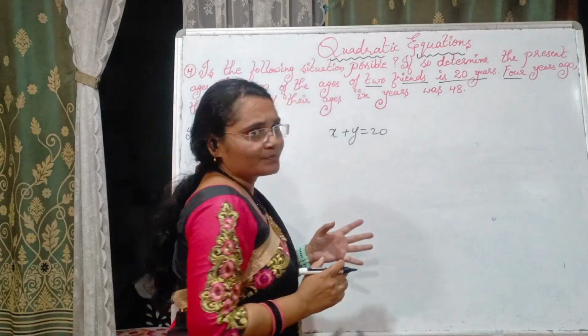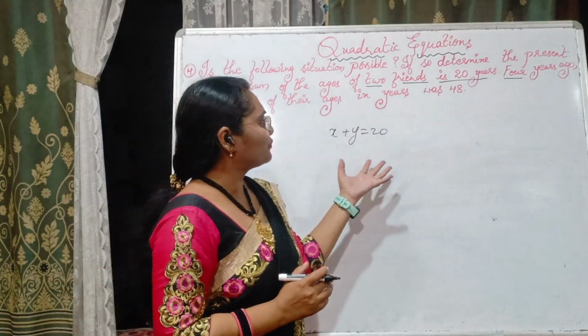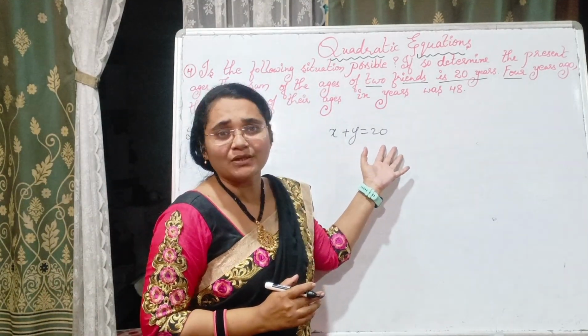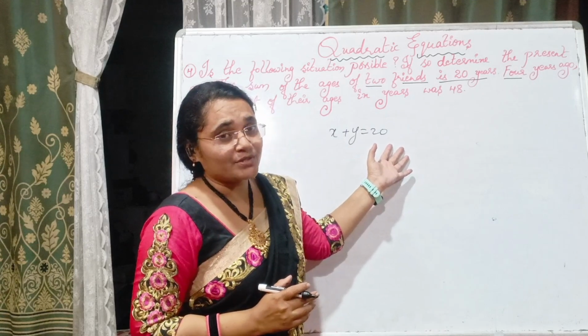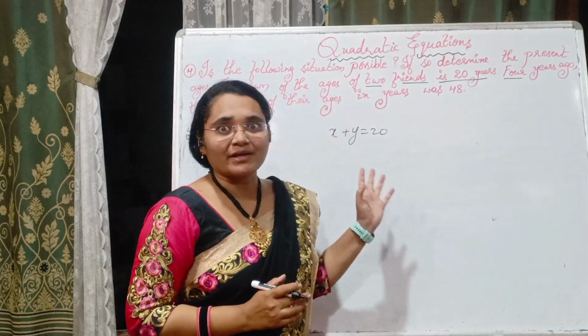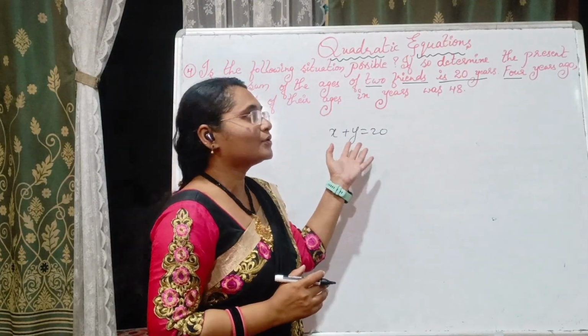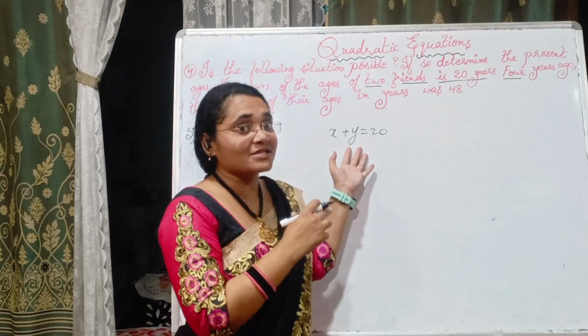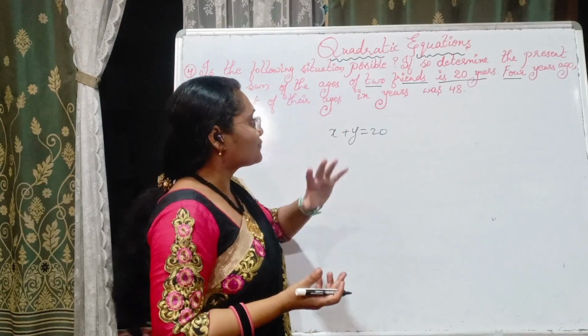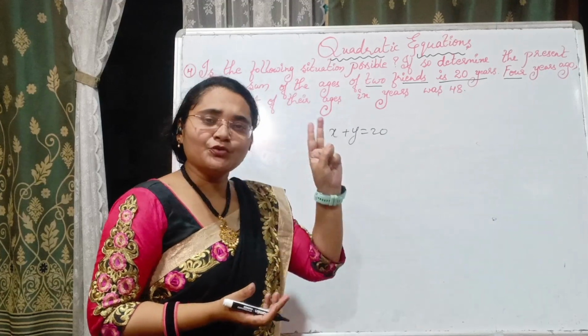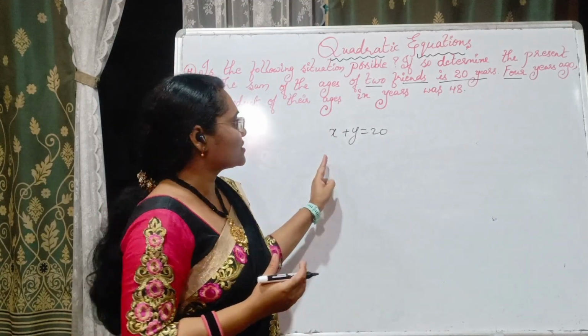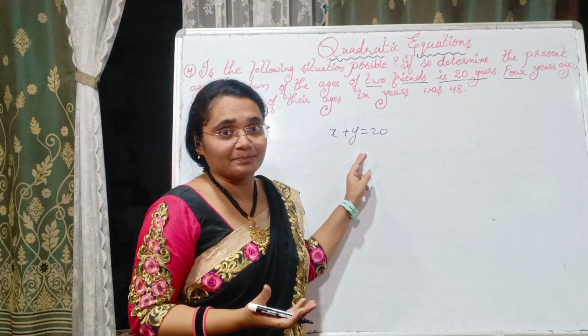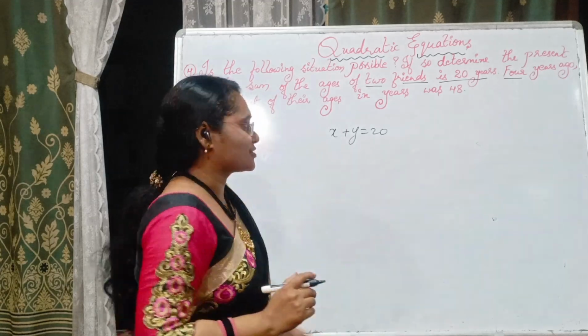Let us assume, students, that the sum of the ages of the two friends is 20. You may ask, teacher, we are doing this in quadratic equations, so why are you writing two different variables? This is only for your understanding purpose. This does not go in the answer. First you assume that the sum of the ages of the two friends is 20, for easy understanding without any confusion.